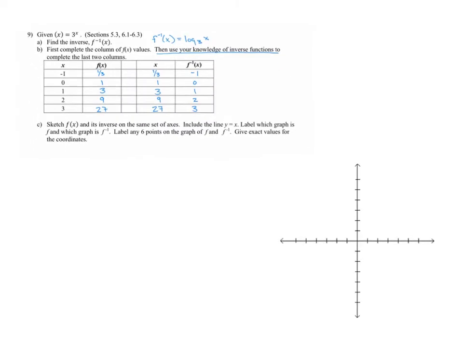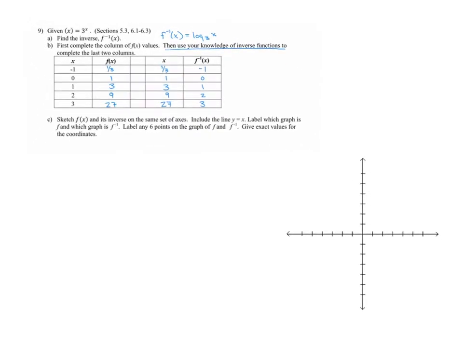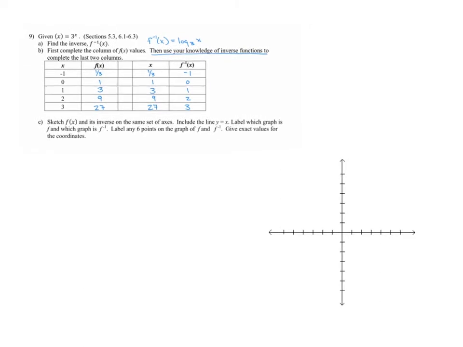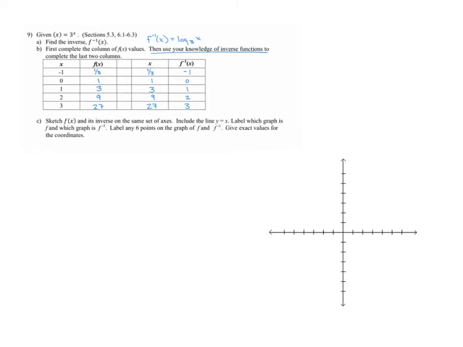Last thing we want to do is go ahead and graph this. It says we want to sketch f of x and its inverse on the same set of axes and include the line y equals x. So my f of x, let's go ahead and graph that one first. Pick any 3 points you want.